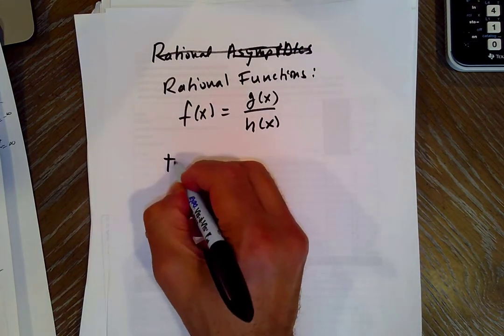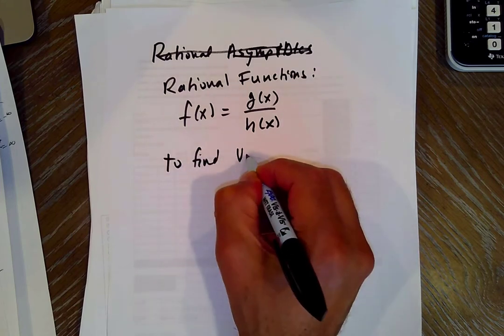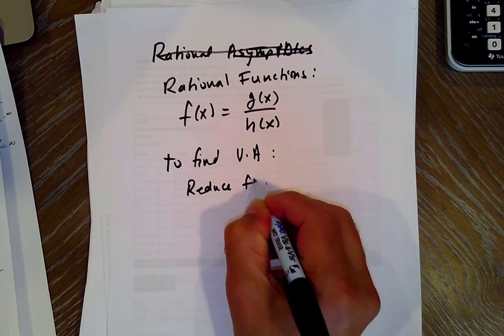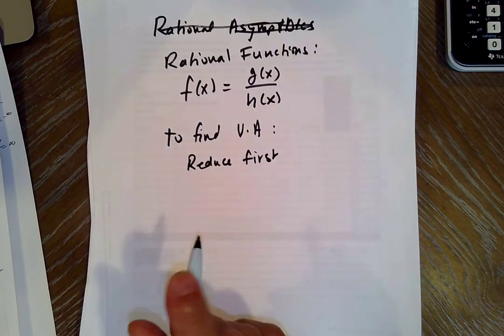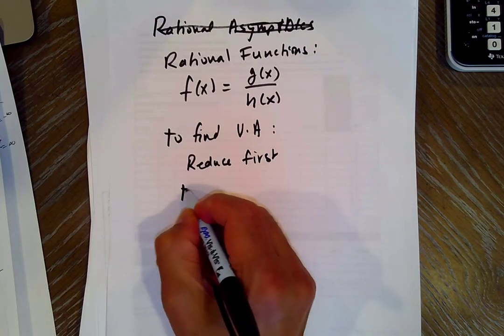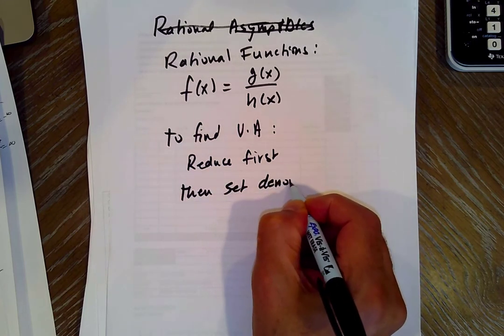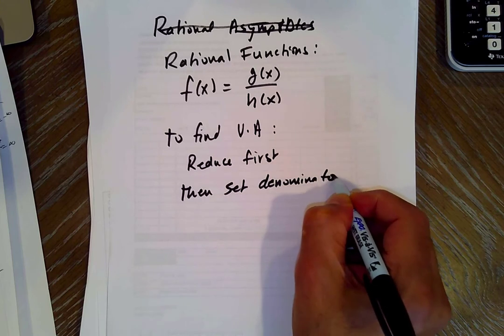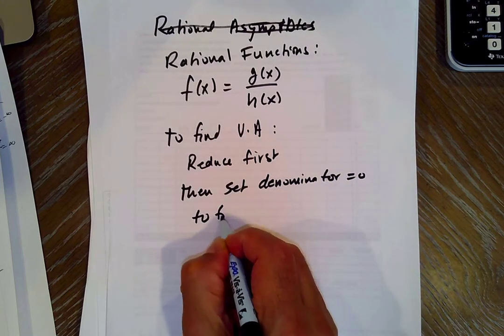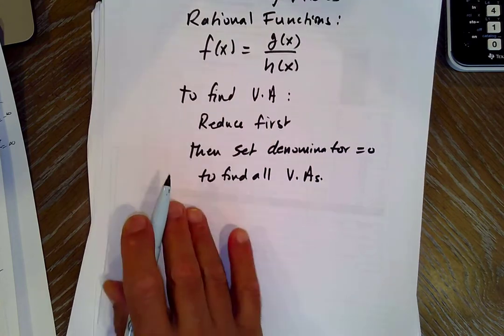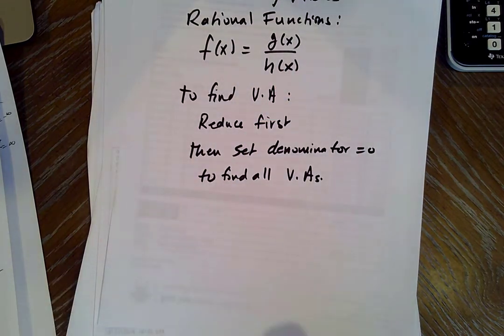To find the vertical asymptotes, you reduce first if it's possible. You divide by any common factors, then set the denominator equals 0 to find all vertical asymptotes. If it's non-rational, then you're going to use the definition.